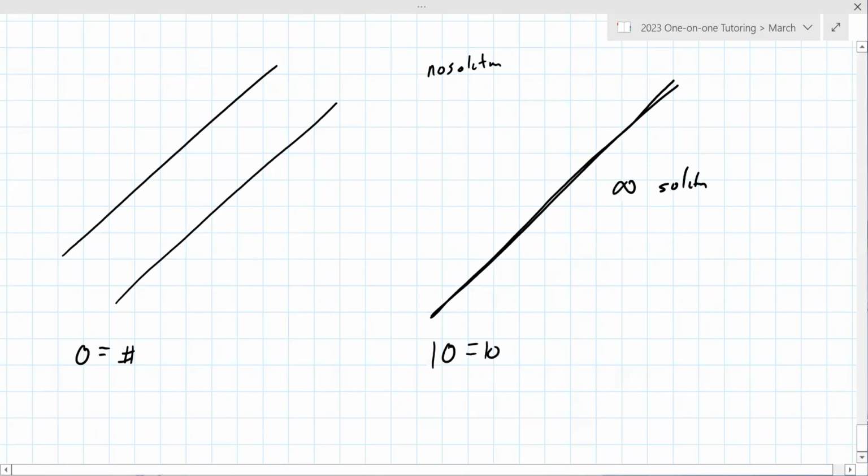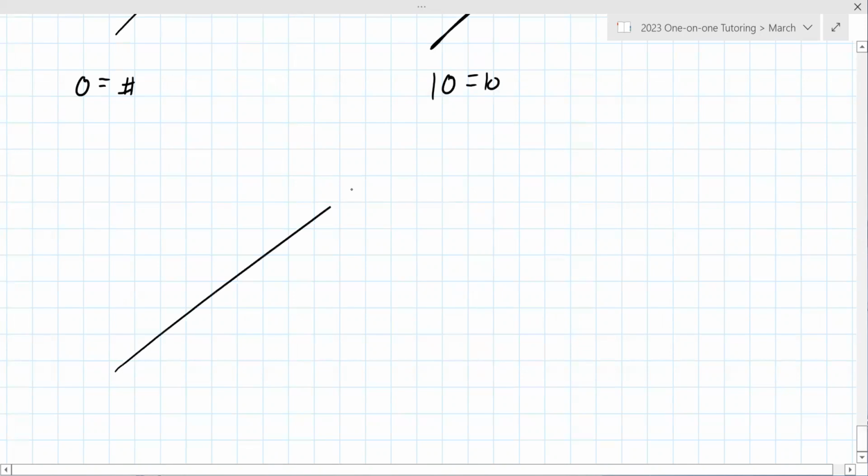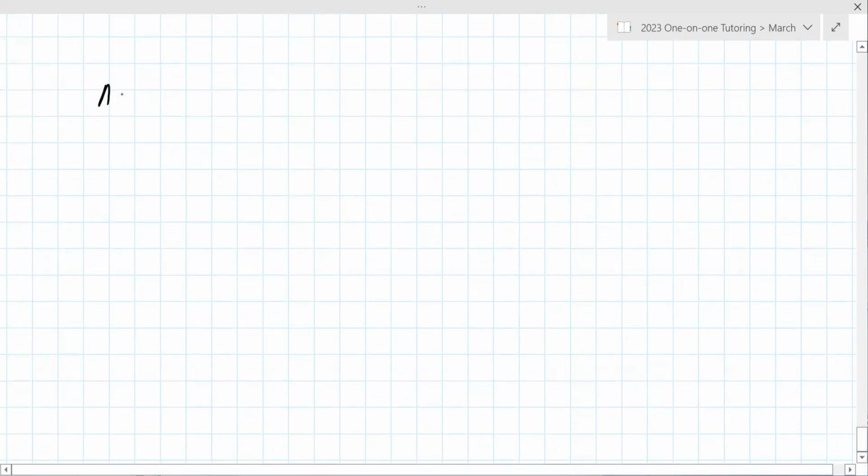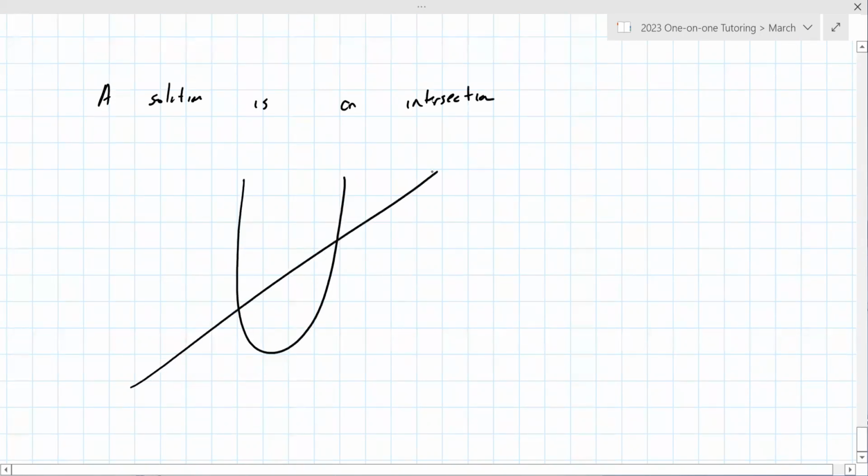And then the case that we like the most is when they intersect, right? That's the best case there. But more generally, a solution is an intersection. Okay, so let's say I give you a parabola and a line.